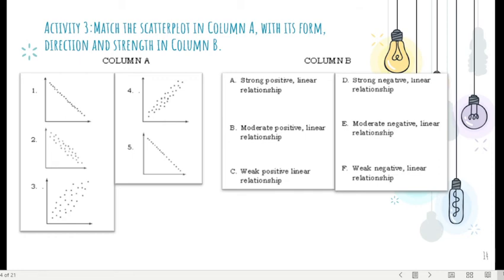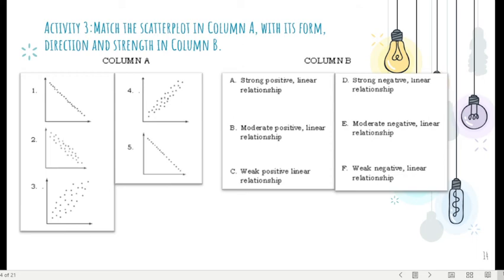The correct answer is, we can say that it has a weak positive linear relationship, because the dots or the plot or the graph is more scattered. So therefore, we can say that it has a weak positive linear relationship.